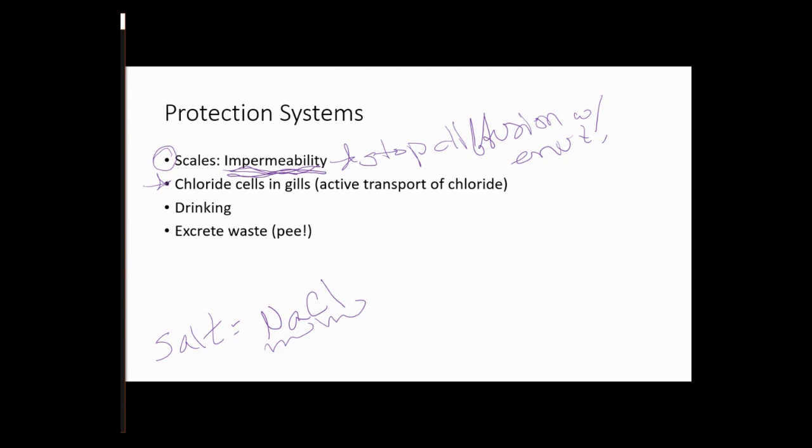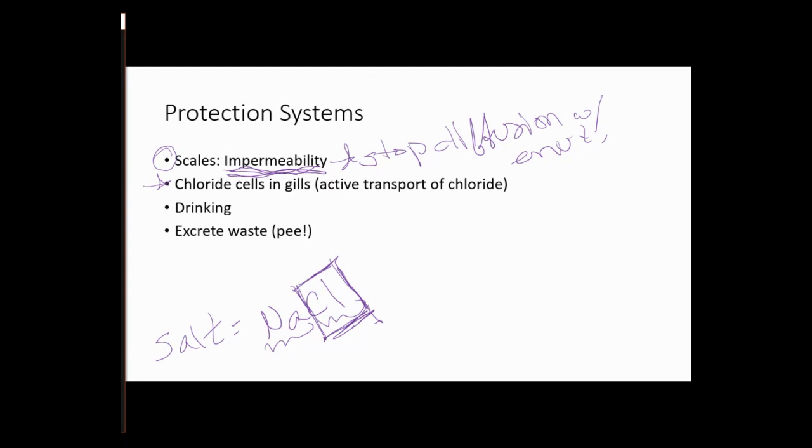Remember, we breathe in, and then we swallow and push out through the gills. So in the gills, we have very specific cells that are focused on actively transporting chloride. Now, which way it goes depends on the fish's environment.